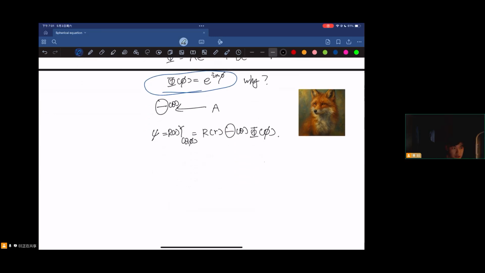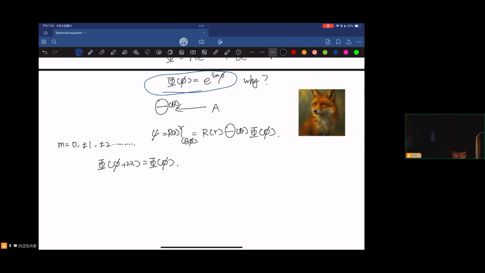And also, we know that m has to equal 0, plus minus 1, plus minus 2. Well, it also depends on the value of L. But why must m be an integer? That's because of the periodic nature of this function. So we know that if we add 2 pi to phi, the value of the function won't change.